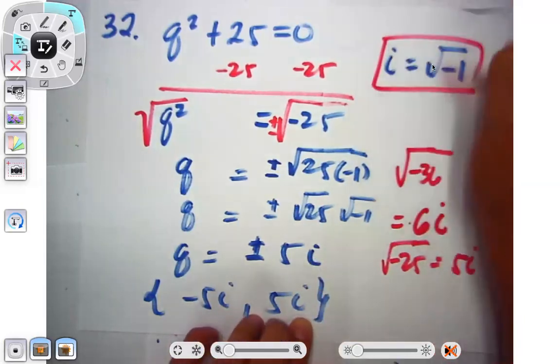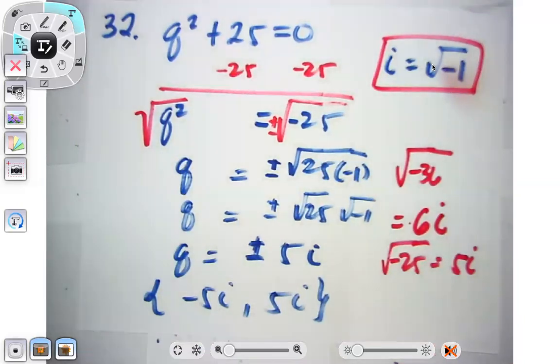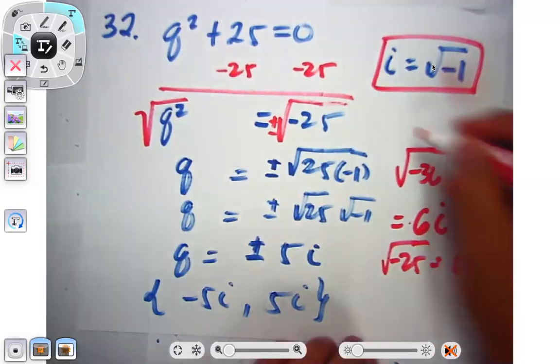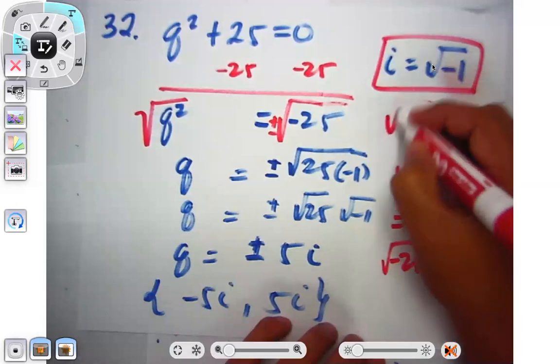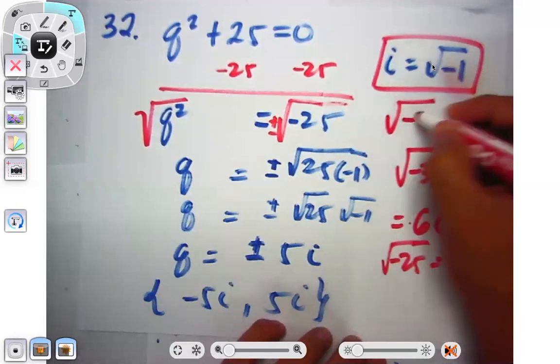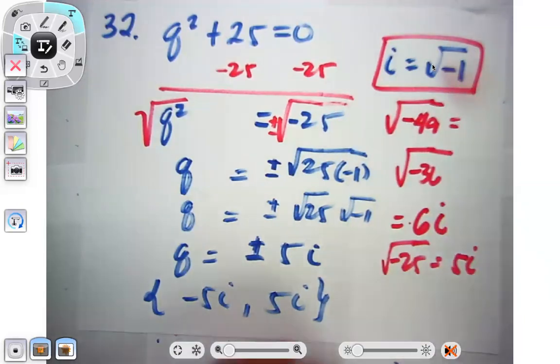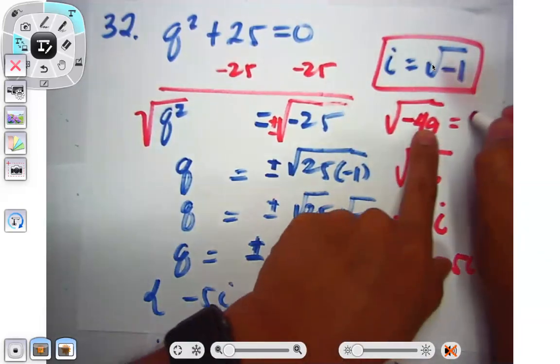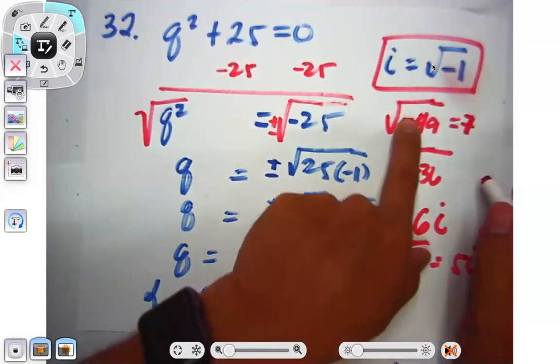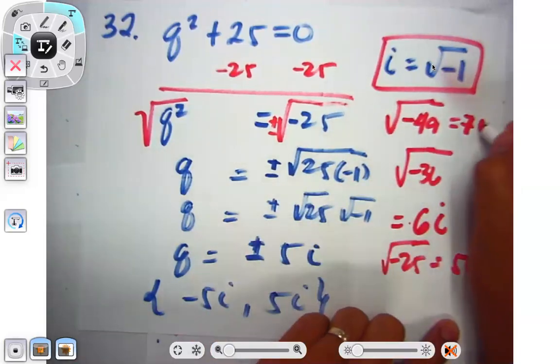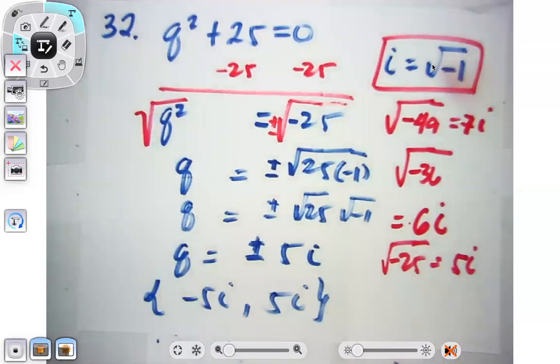So now you have 5i. Now let me ask you, what is square root of negative 49 using complex numbers? Square root of 49 is 7. You have the square root of negative 1 there, which is i. So 7i. Okay.